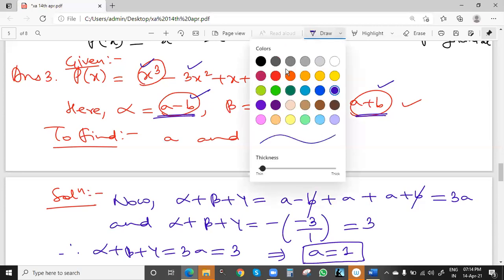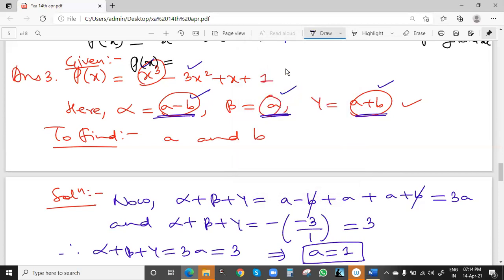How did we get this minus b by a? Because you know the standard form of the cubic polynomial, that is ax cube plus bx square plus cx plus d, and compulsorily we have to write a not equal to 0. Fine.